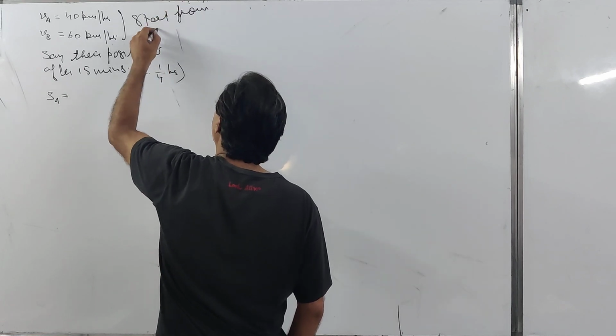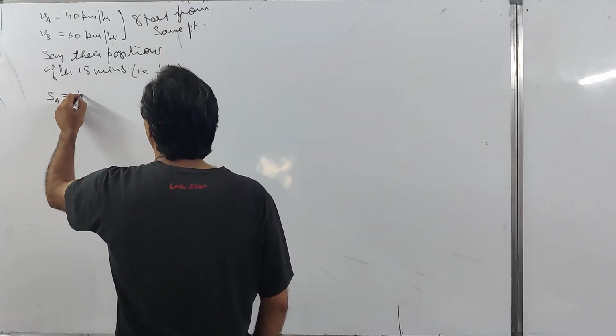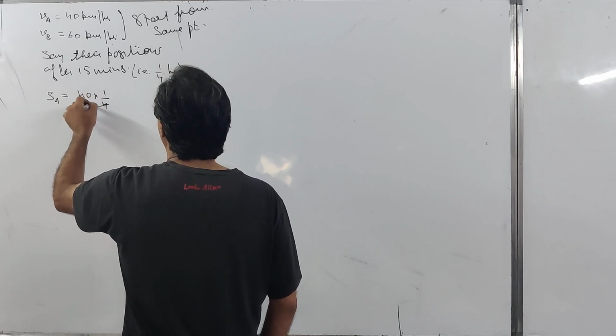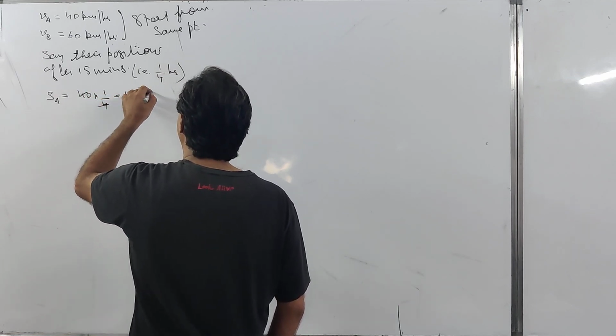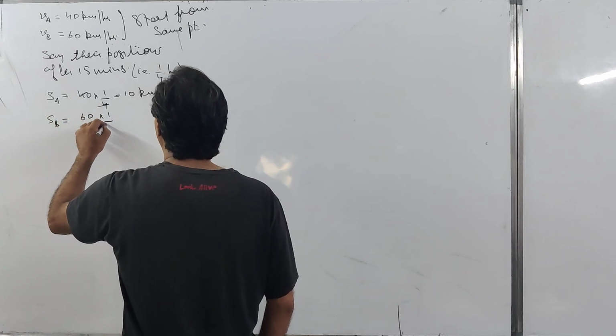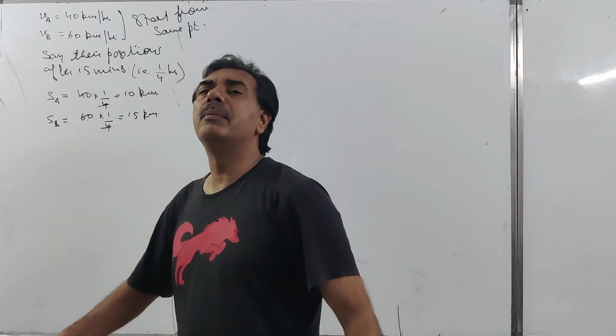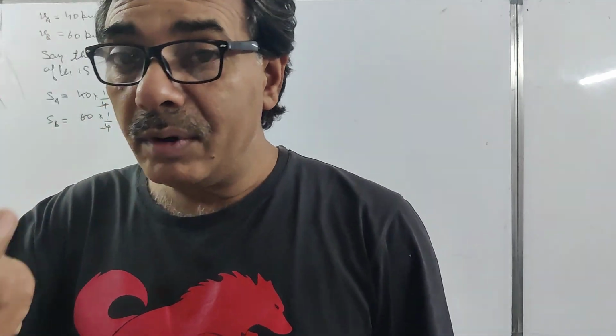Distance covered by A: 40 into 1 by 4, 10 kilometers. Distance covered by B: 60 into 1 by 4, 15 kilometers. It means B will be ahead of A by 5 kilometers, or A will be behind.